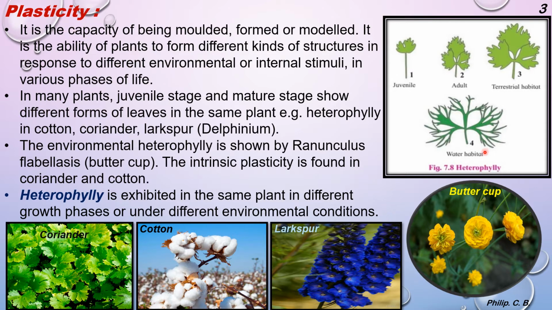So you can see figure 7.8 from the text. Heterophylly, juvenile stage, how the leaf appears. In the adult stage, when it matures, how the leaf shape, the morphology is. Terrestrial habitat, and in case of water habitat. So you can see how the structure changes from the juvenile to the mature stage. Here, the buttercup flower of Ranunculus flabellaris.